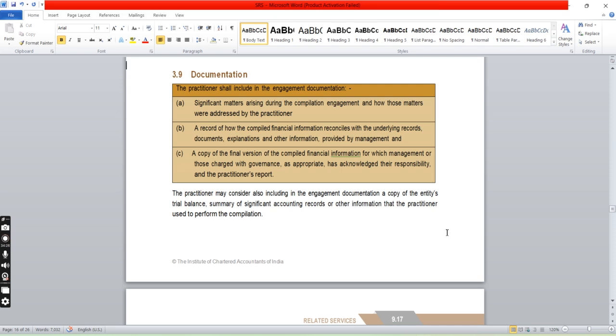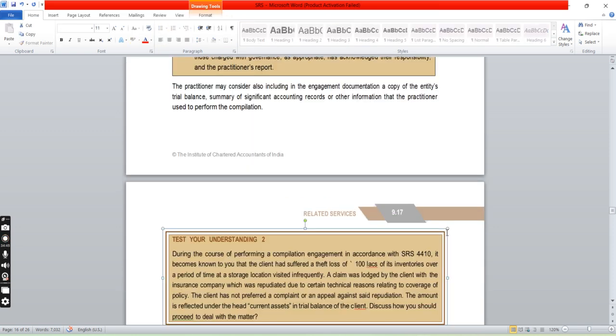A copy of the final version of the compiled financial information for management or TCWG as appropriate, who have acknowledged their responsibility, and the practitioner's report. The practitioner will consider including in the engagement documentation a copy of the entity's trial balance, a summary of significant accounting records and other information that the practitioner used to perform the compilation.